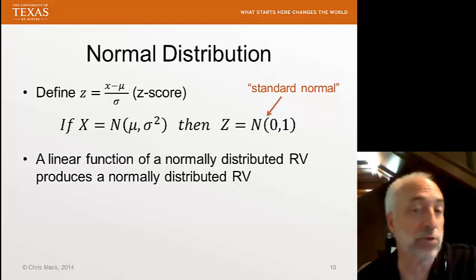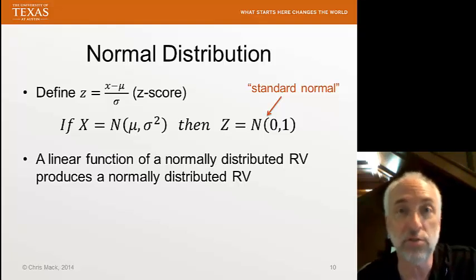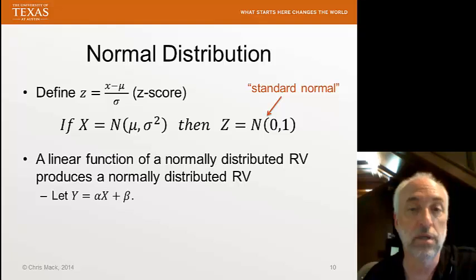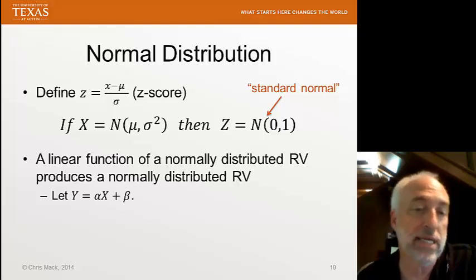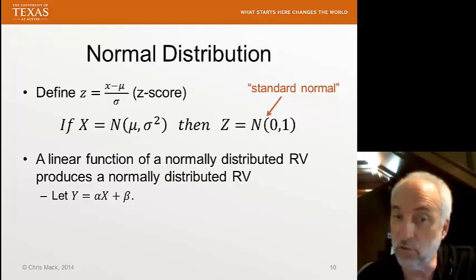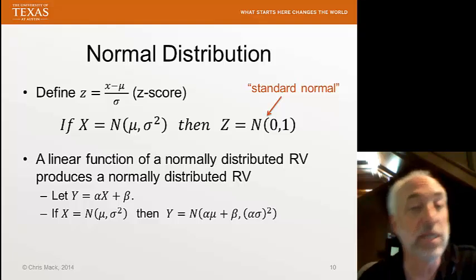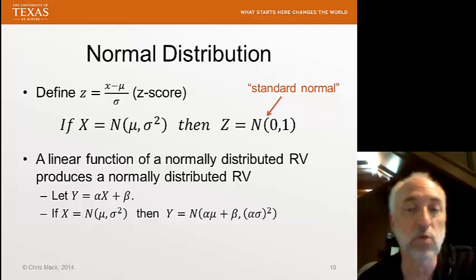This is a special case of an important property of a normal distribution. A linear function of a normally distributed random variable produces a normally distributed random variable. If y is alpha x plus beta, where x is a random variable that is normally distributed, then y will be a random variable that's normally distributed as well.